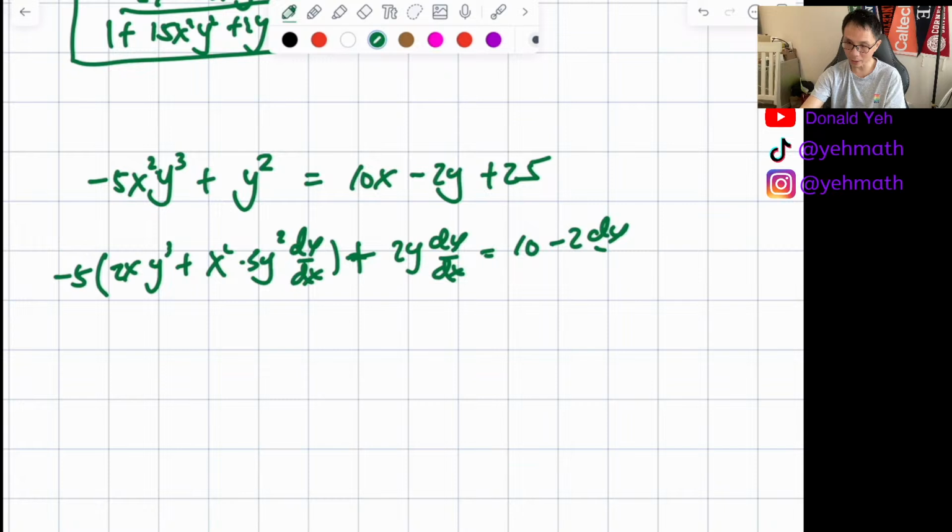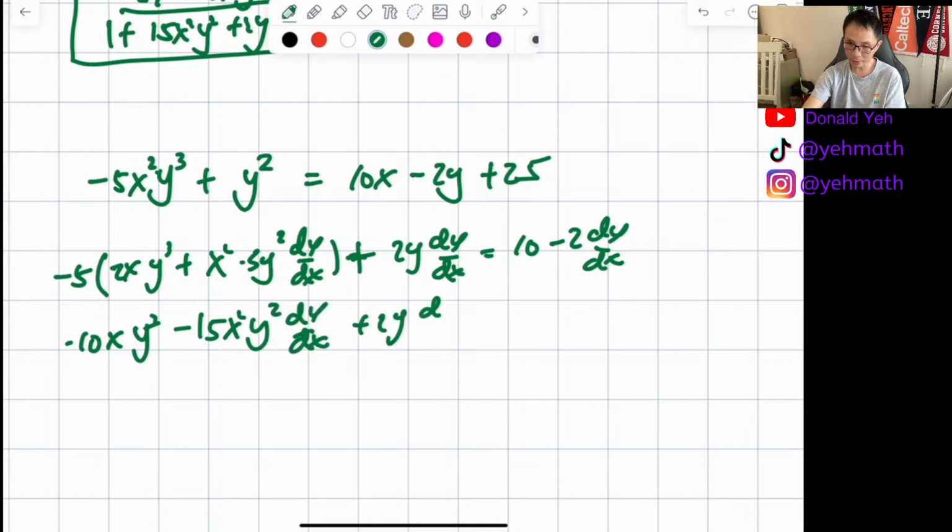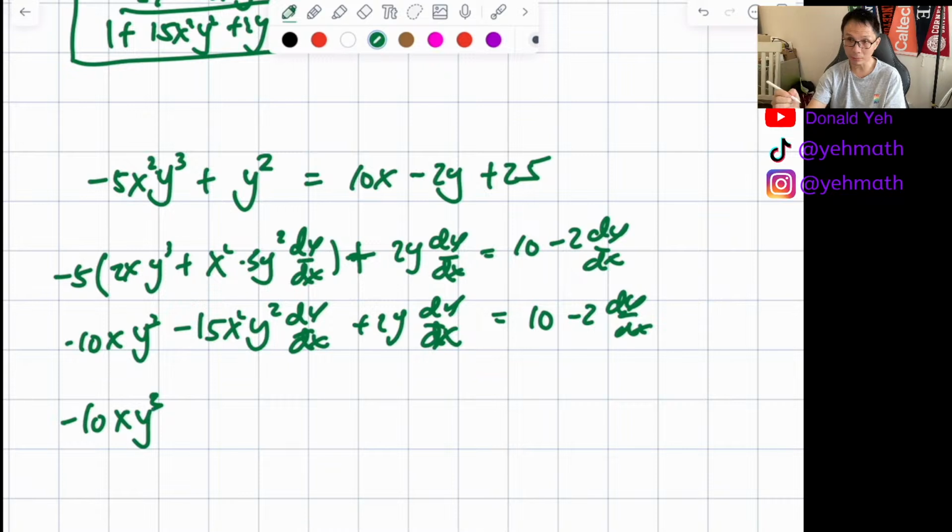That's going to be -10x y to the third minus 15x squared y squared dy dx plus 2y dy dx equal to 10 minus 2 dy dx. Now I'm moving 10 to the left side, so it'll be negative 10 x y to the cube. Am I doing okay so far?